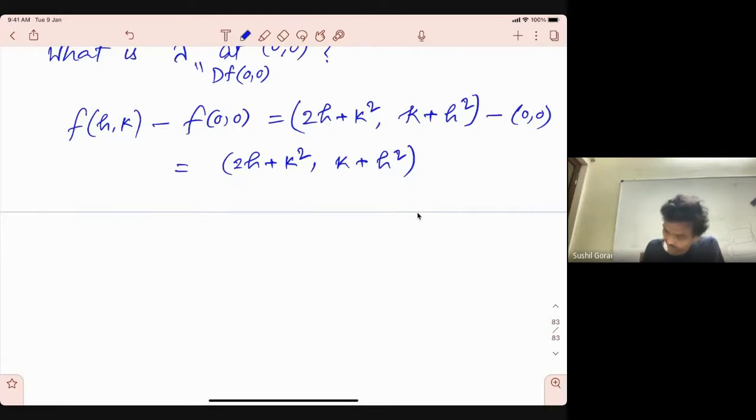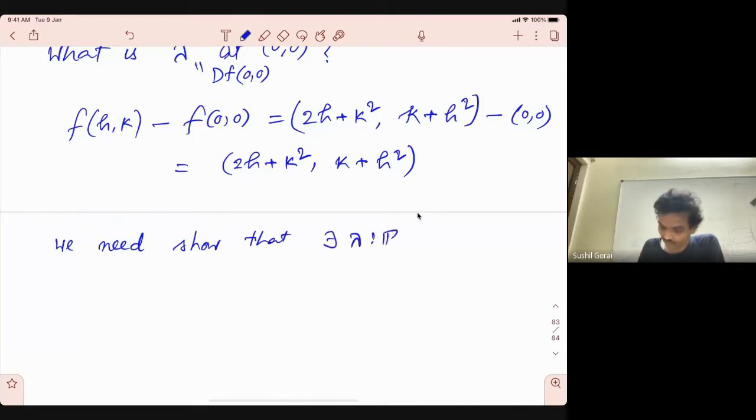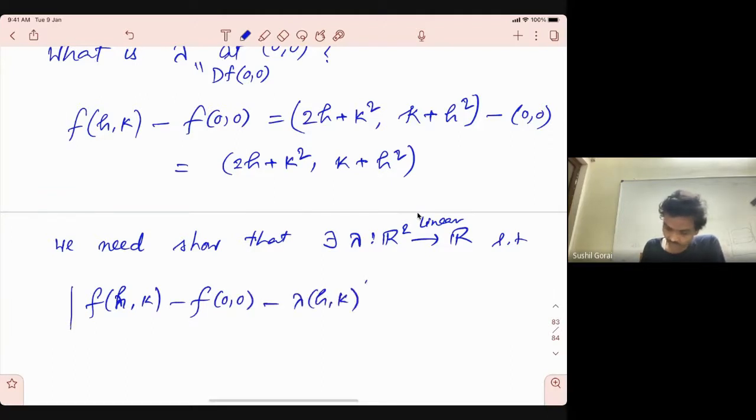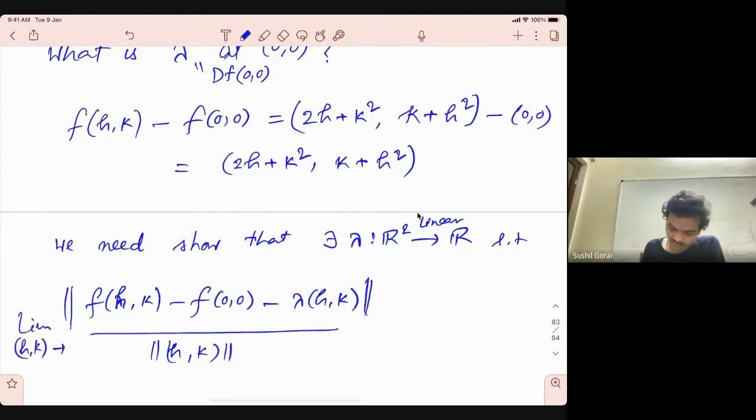Now you first need to guess, right? We need to show that there exists a linear lambda from R2 to R2 such that the limit as (h, k) tends to 0 of the norm of f of (h, k) minus f of (0, 0) minus lambda of (h, k), divided by the norm of (h, k), must be 0.